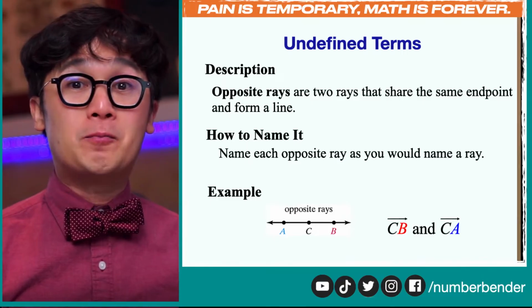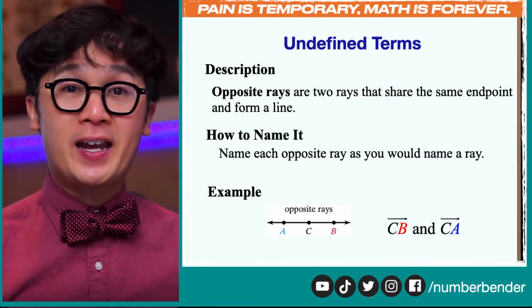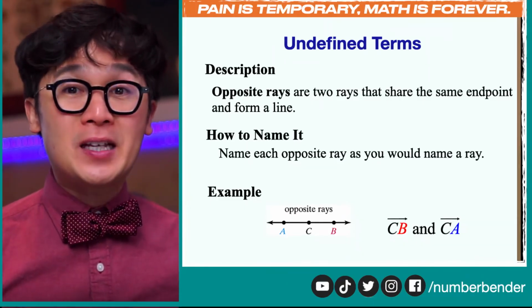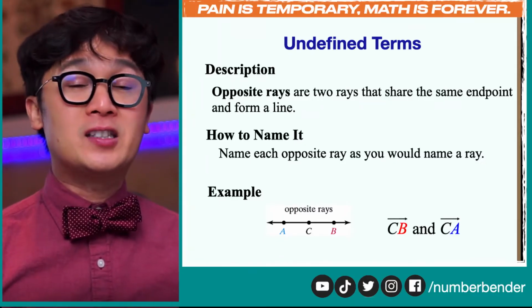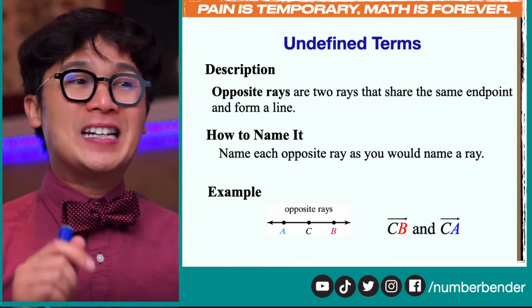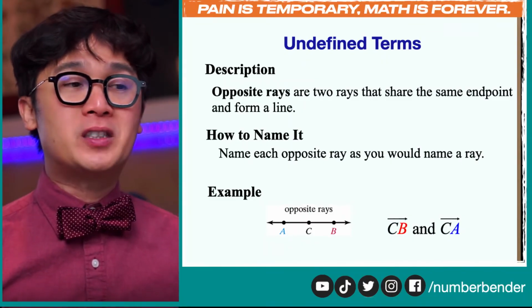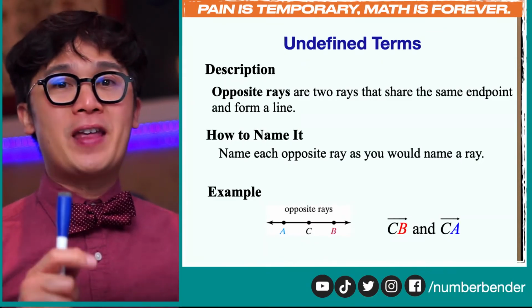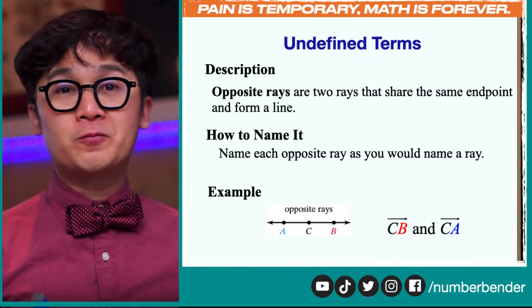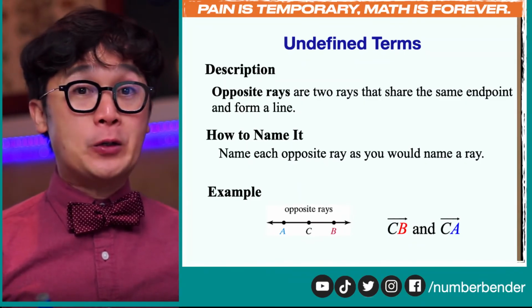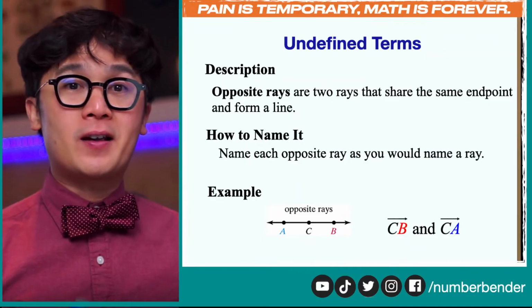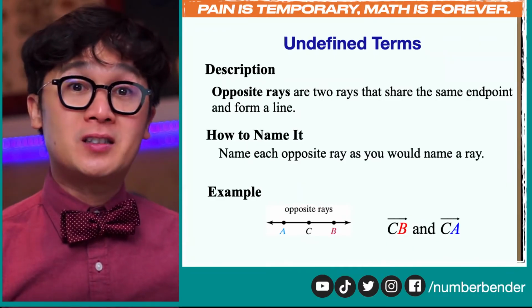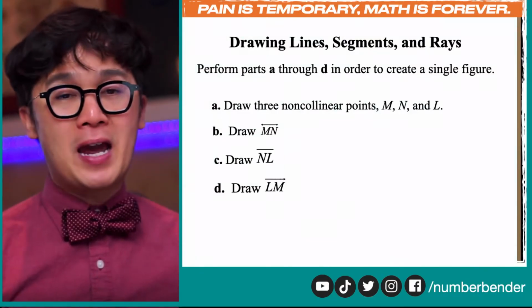So we can have point B and point A, and we'll have ray CB and ray CA, and we can describe these as opposite rays because they share the same point, which is point C. So that is how we illustrate and use symbols for these geometric terminologies that we often use in mathematics.